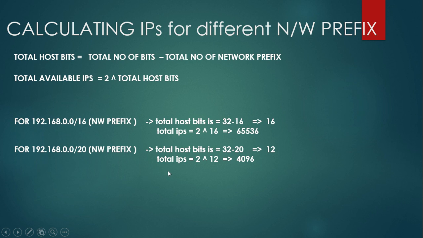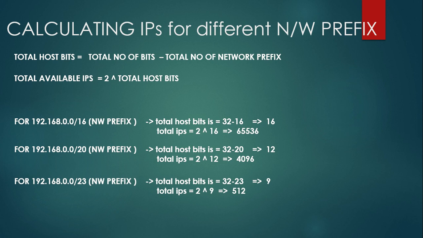Based on the host bits, the total IP addresses is 2 to the power of 12, which is 4096. One more example: 192.168.0.0/23. Here the network prefix is 23, so the total host bits is 32 minus 23, which is 9. The IP addresses is 2 to the power of 9, so the number of available IP addresses is 512.